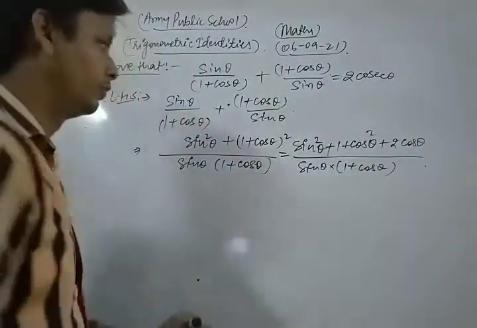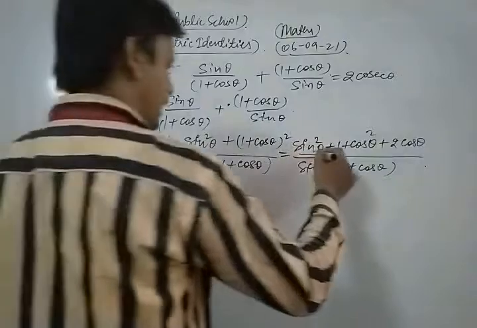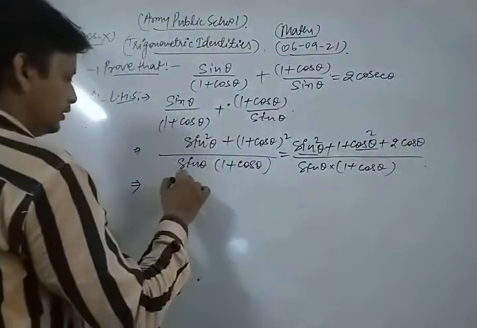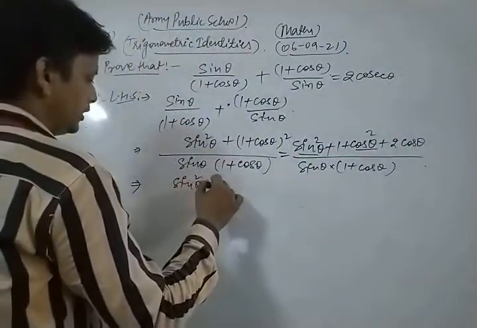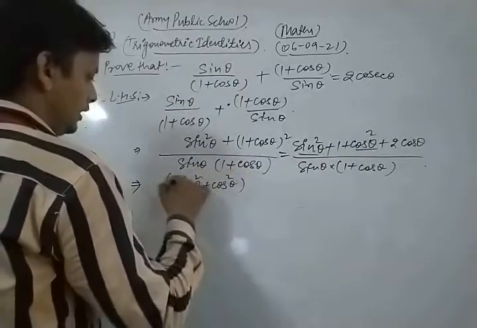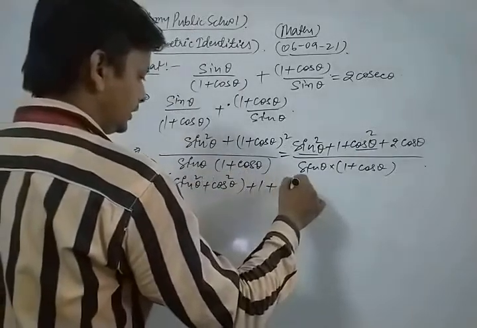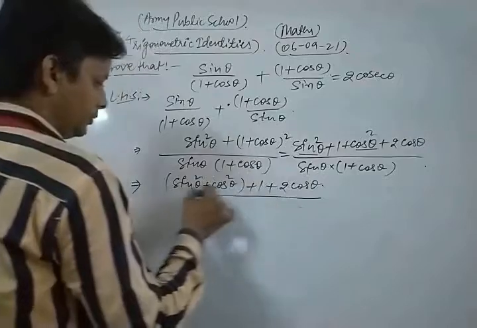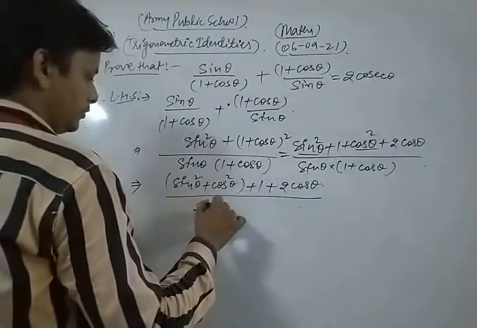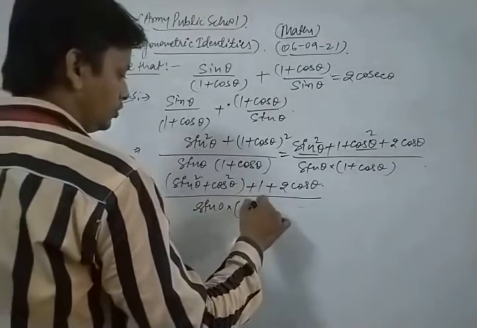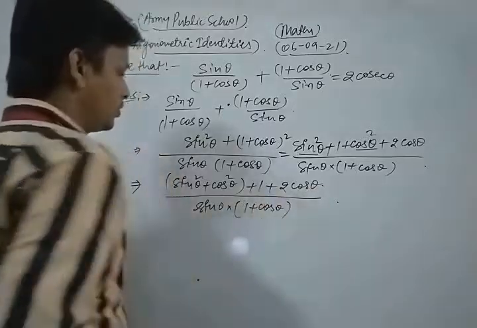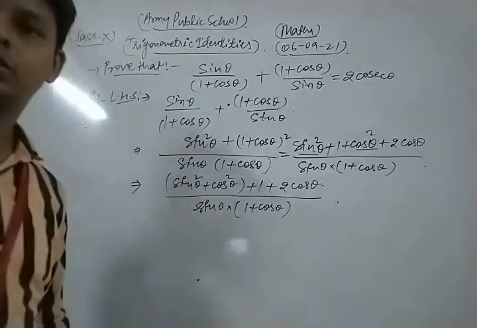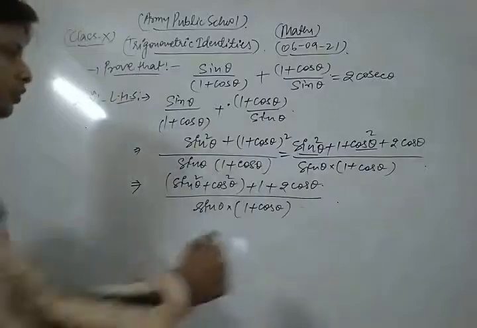Okay. Now look, we take sin square theta and cos square theta together as sin square theta, plus 1 as it is, plus 2 cos theta upon sin theta into 1 plus cos theta. Okay.